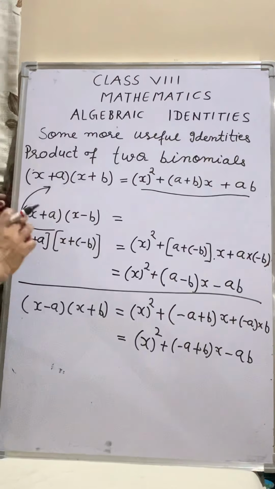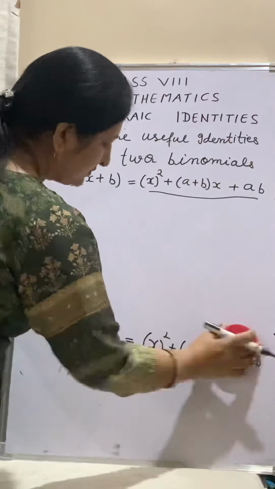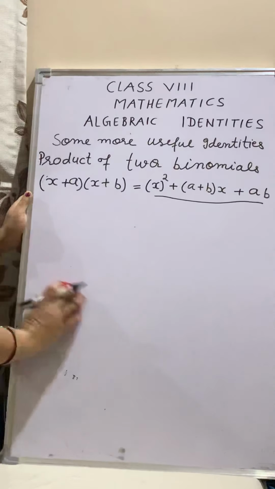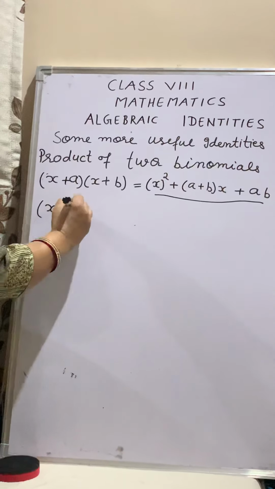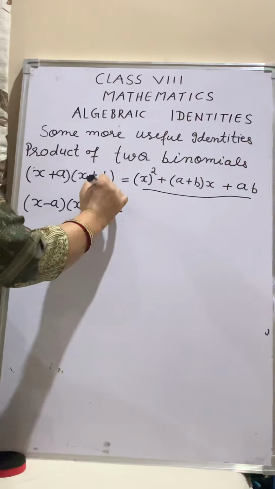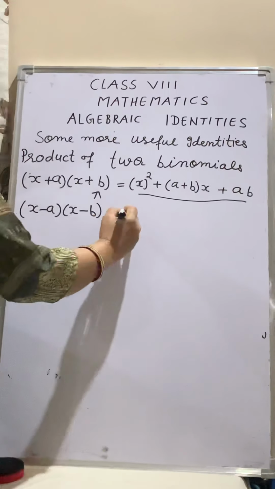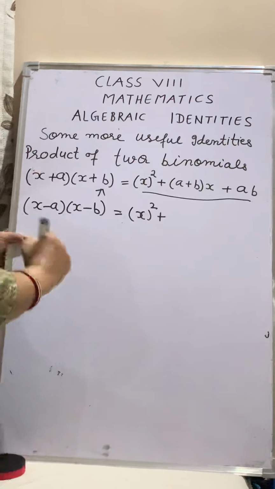If both are negative, x minus a, x minus b, we will use the same above identity. Whole square of the first, here we write always plus.